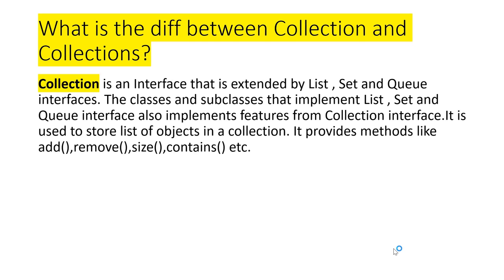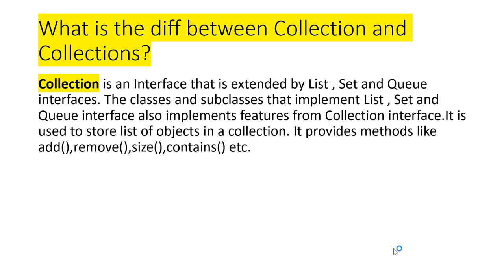Next question is, what is the difference between Collection and Collections? This is also a very important question. So Collection is an interface that is extended by list, set and queue, and this interface itself extends the interface Iterable. The classes and subclasses that implement the other interfaces by default implement the Collection interface also.